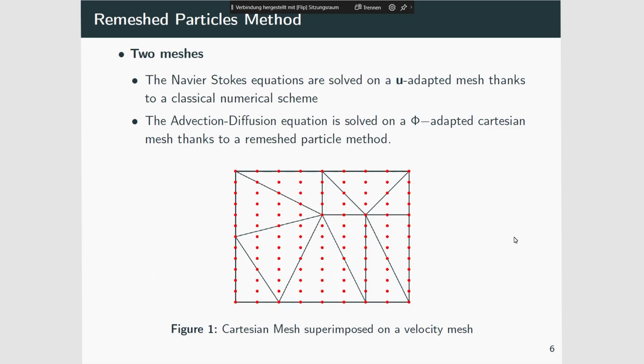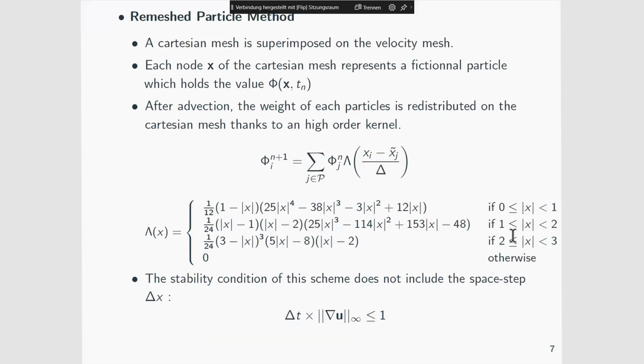So how does the remesh particle method work? As I said before, a Cartesian mesh is superimposed on the velocity mesh. At each node of the Cartesian mesh, there is a fictional particle which holds the value of your scalar function at the position x at the time t.